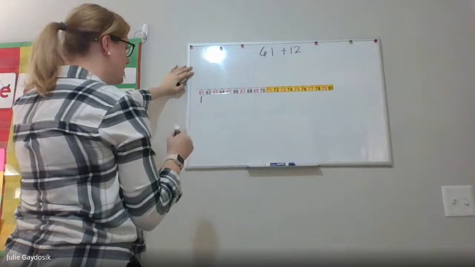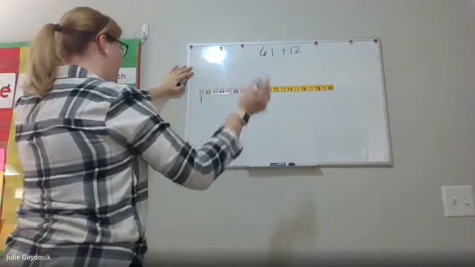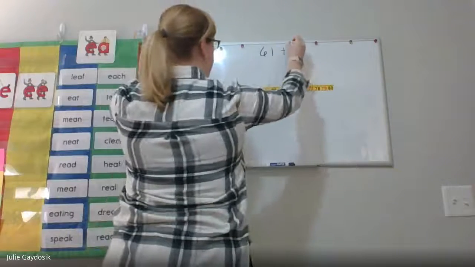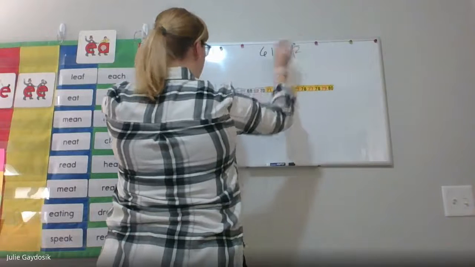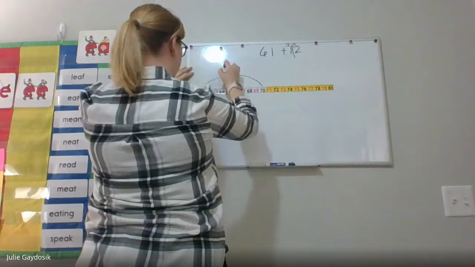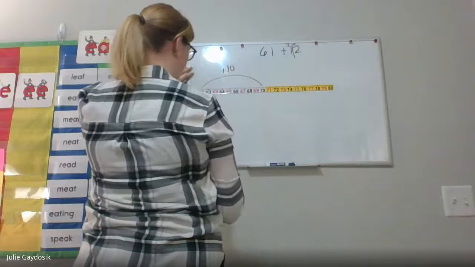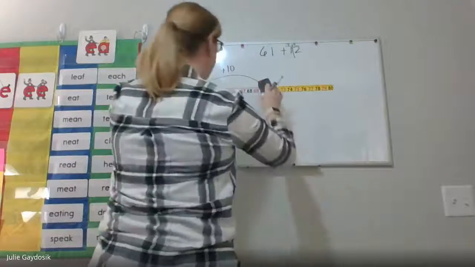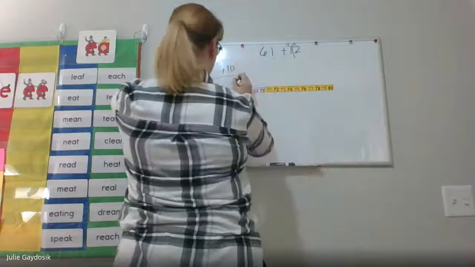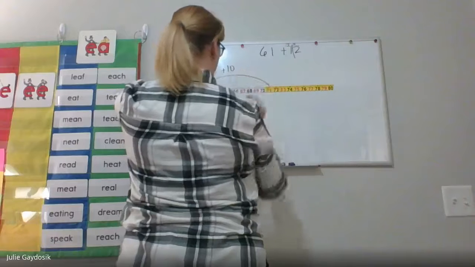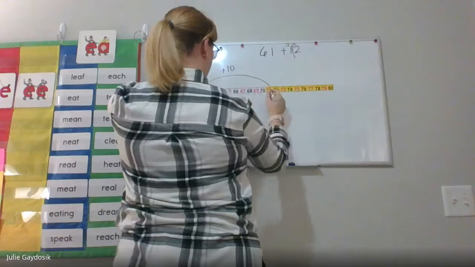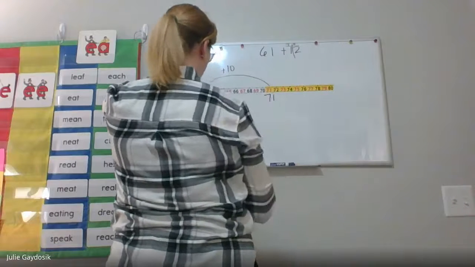Well, does it make sense to do 1, 2, 3, 4, 5? No, it doesn't. It would make more sense to do this by tens and ones as well. So I'm going to hop up 10, plus 10. Oops, didn't make it go far enough. 61, 1, 2, 3, 4, 5, 6, 7, 8, 9, 10. 71.